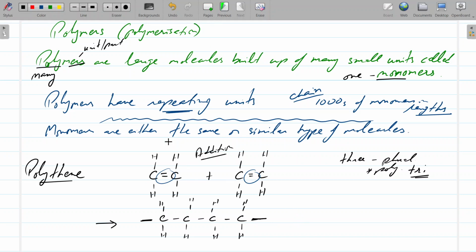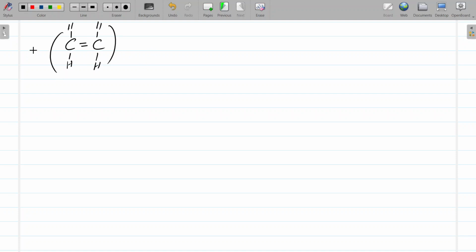So what you're doing is you have ethene and you're using n molecules. Where you're not giving a specific number to n just means a large number of molecules in this case.